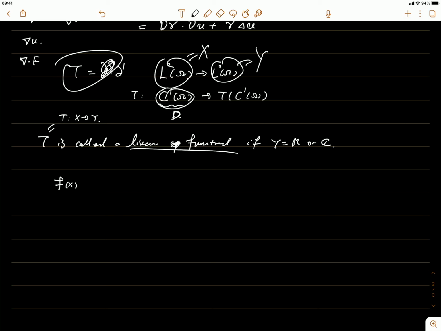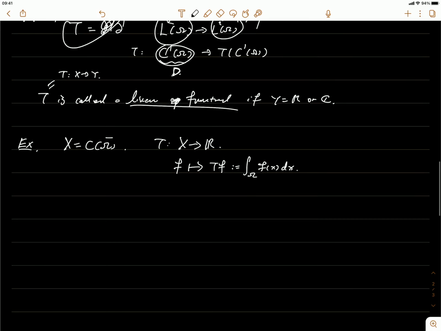Suppose I have X to be C omega, and I can define the mapping T from X to R, which is defined as, for any function f in the space X, I map it to Tf, which is by definition the integral of f over this set omega.